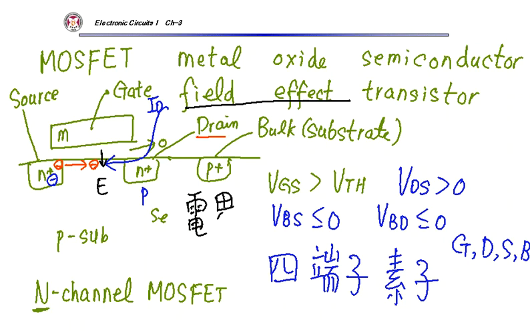The field represents the electric field. This field effect, vertical electric field, controls the amount of current flow. Okay. So this is just a review, right?